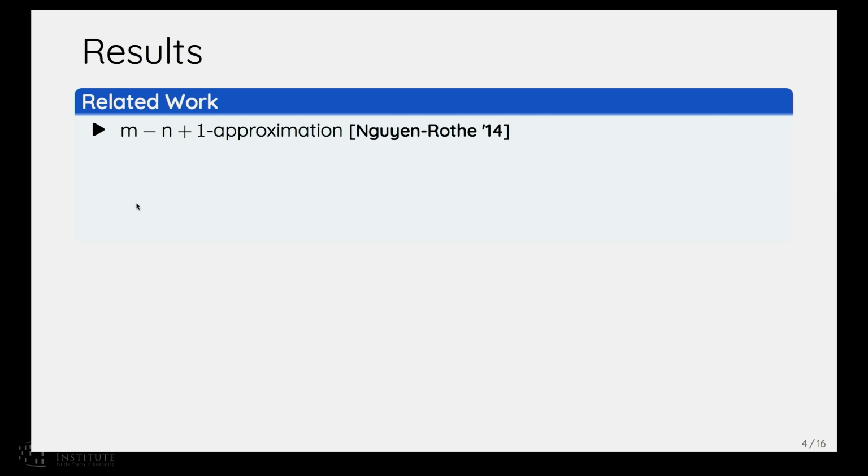These are the prior results. The first result was this m minus n plus 1. You should always think of m as being much larger than n. m is the number of items. So this is a super constant approximation factor for Nash welfare. Then Cole and Gkatzelis improved it, obtaining the first constant approximation factor for this problem.